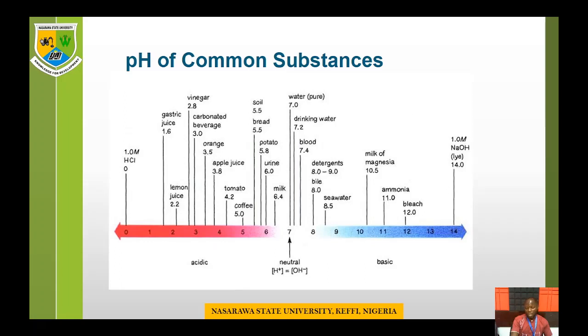Then we have another category of substances that are basic, and they include detergents, bile, seawater, milk of magnesia, ammonia, bleach, and sodium hydroxide. These substances are basic in nature because their pH ranges from 8 to 14.